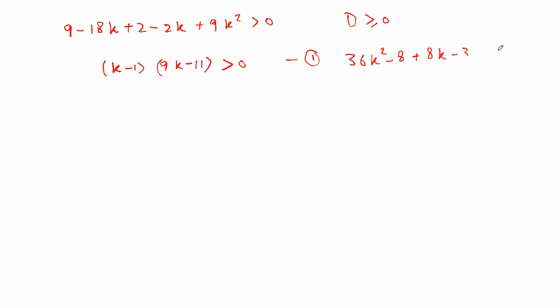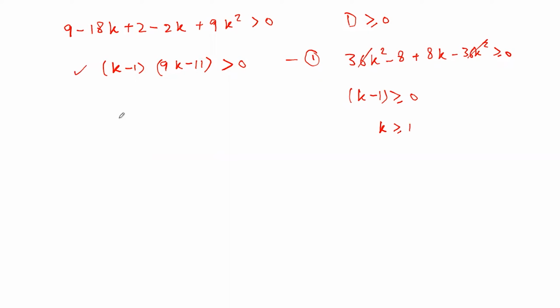Again, this is coming greater than or equal to 0. 36k square will be cancelled out, and you are getting 8 common out, (k minus 1) greater than or equal to 0, right? From this we can say k is greater than or equal to 1, right? From this we are getting k greater than or equal to 1, and from the first we are getting k less than 1 or greater than 11 by 9, right?